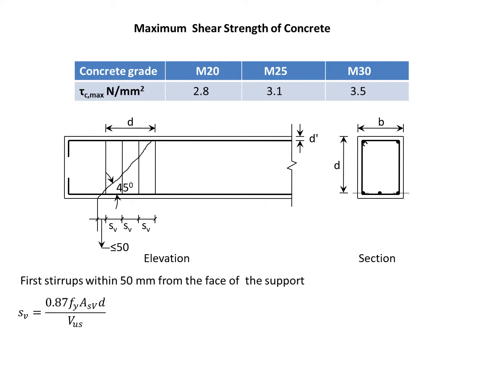Asv is the cross-sectional area of the stirrup, and you have to use twice that cross section because it is two-legged. So suppose I have 6 mm bar, then the Asv will be pi into 6 square by 4 into 2. d is the effective depth of the beam, and Vus is the shear force for which you are planning to design.